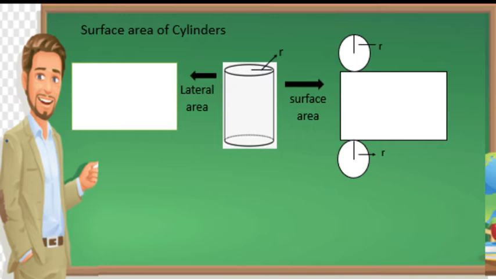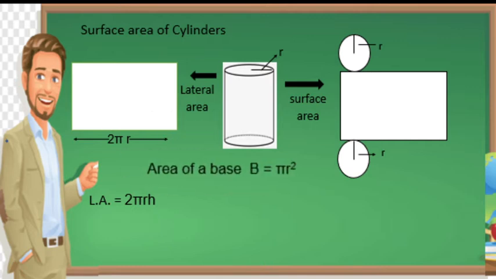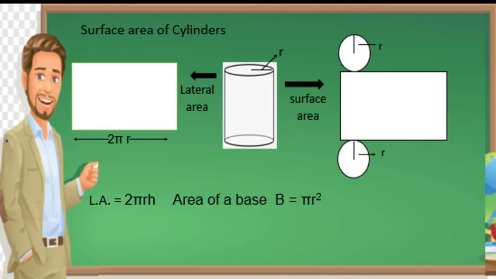Okay? And the rectangular form of a can, that is equal to 2 pi r. And that is equals to the lateral area because there is a height. Okay, this is the height. This is the height. That's why we have to multiply it by its height.